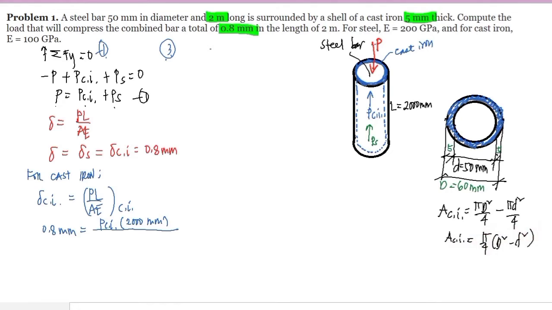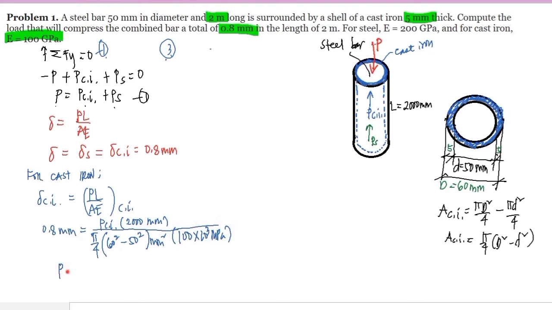So we have here pi over 4. The outside diameter here is 60 mm square minus the inside diameter, which is 50 mm square. Ilalagay ko na yung unit sa labas, and that's mm square. Multiplied by the modulus of elasticity given in the problem. The modulus of elasticity of the cast iron is 100 gigapascal. So in here we have 100 times 10 to the 3 megapascal.